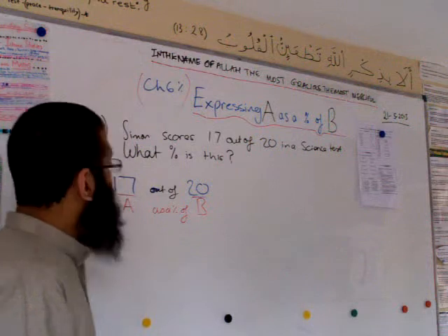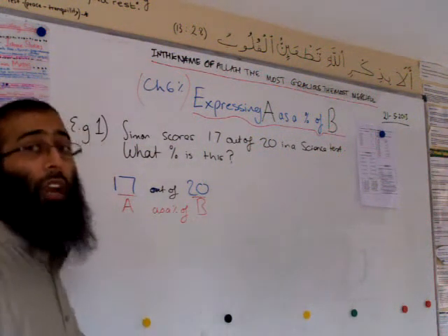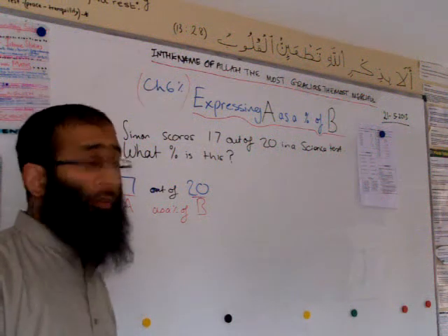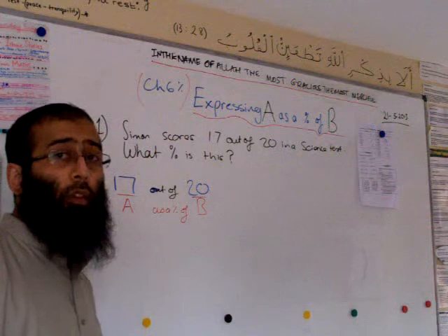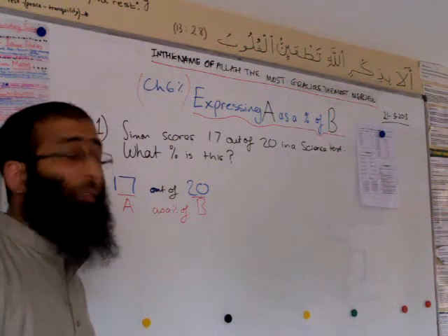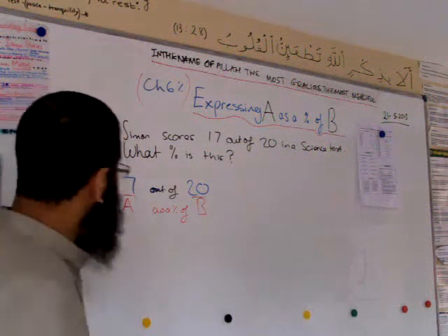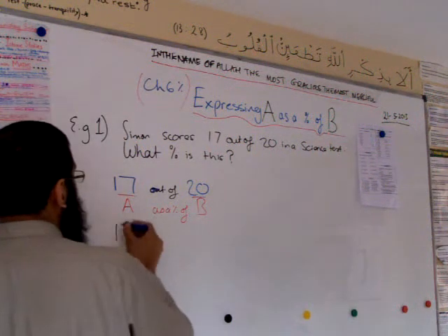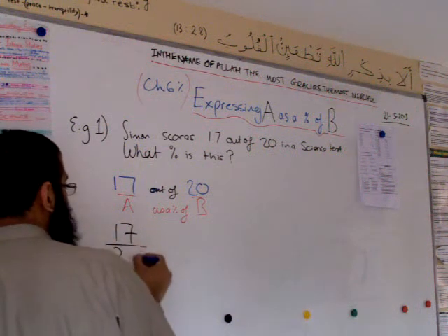When we change the numerical part into a fraction, the word "of" in mathematics means times, like 3/4 of something, so we times the number by 3/4. But now we've got "out of", and this is talking about division. So what we'll have is 17 out of 20.